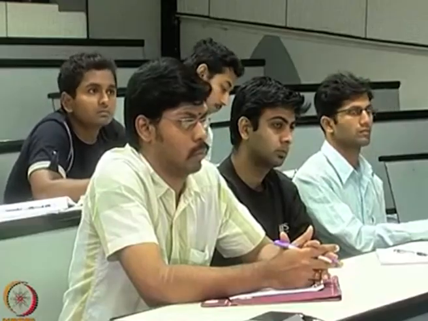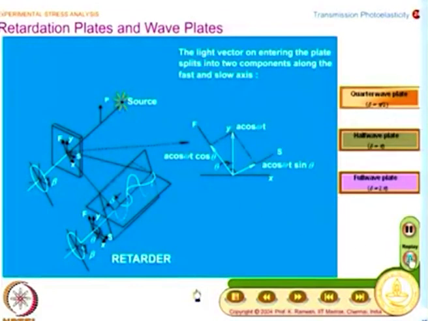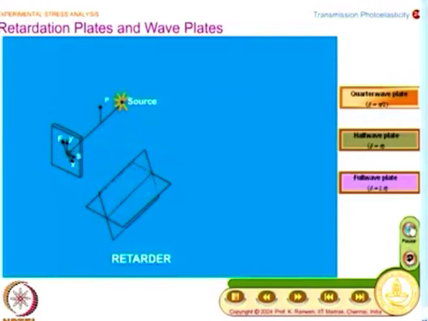And what we will do is, we will see the animation again, and I will stop at intermediate stages, and you can verify your drawing as well as improve your understanding. So, what this shows is, I have a source of light, I have a plane polarizer, after the plane polarizer I have plane polarized light that hits the crystal plate.